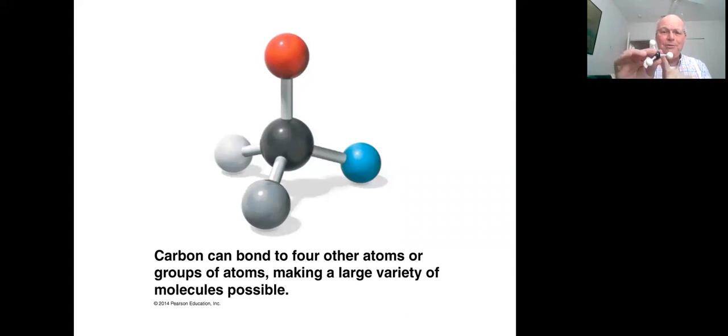And it's this shared pair of electrons forming the covalent bond that satisfies the hydrogen's requirement for a full valence shell and partially satisfies the carbon's requirement for a full valence shell. To finish out the carbon, you need four covalent bonds, four shared pairs of electrons, to fully fill the carbon's valence shell and satisfy the requirement of a full valence shell, 8 electrons, the octet rule.